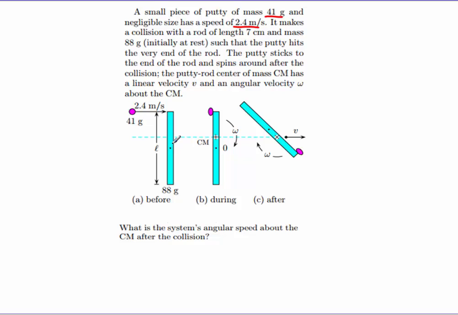But what do you think is going to happen if the small putty slides in and sticks? What's going to happen to the center of mass? It's still going to rotate, right? The center of mass is going to shift up. So now instead of rotating around the middle of this, it's going to be rotating about a point that's slightly above the middle, because that's the new center of mass. That's what I love about this problem.